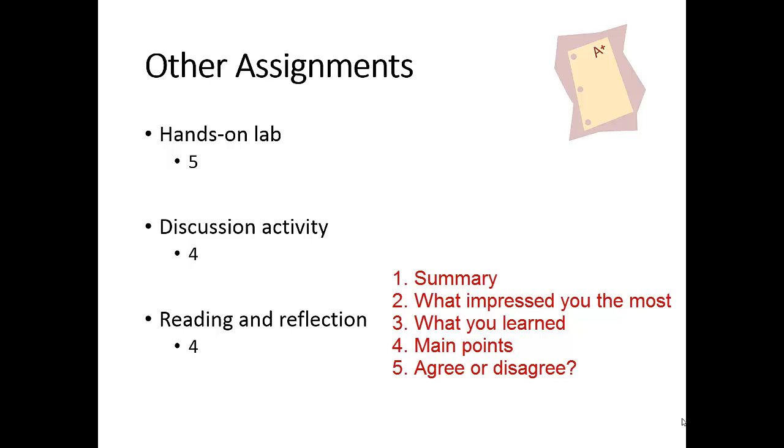And also, one of the things I'm looking for in your writing is what really impressed you the most while you were reading the article, and what you actually got out of the article itself, and how you think the article really enhances your understanding of information security and assurance. Also, I want you to identify the main points of the article, and finally you can also talk about whether you agree or disagree with the main points of the article.